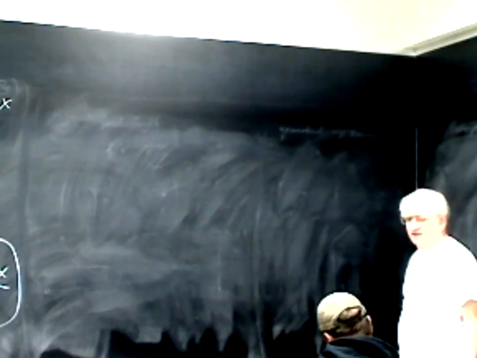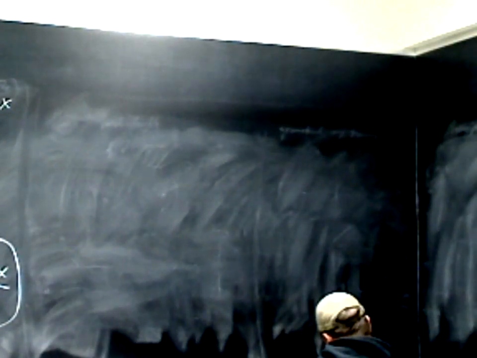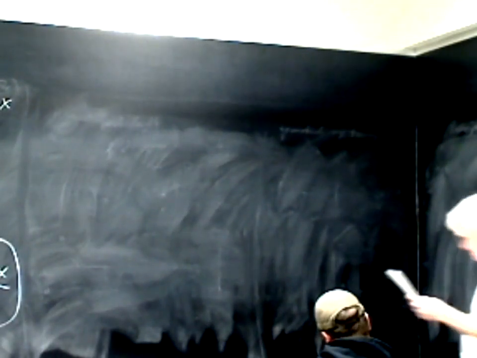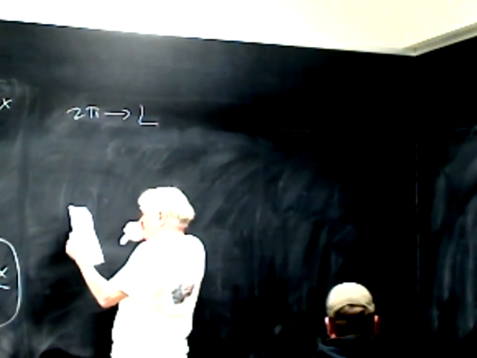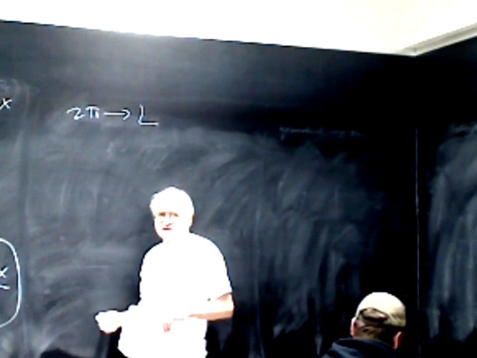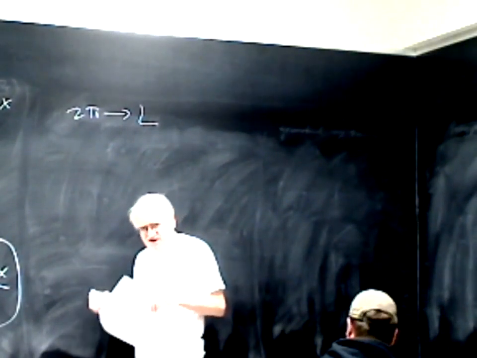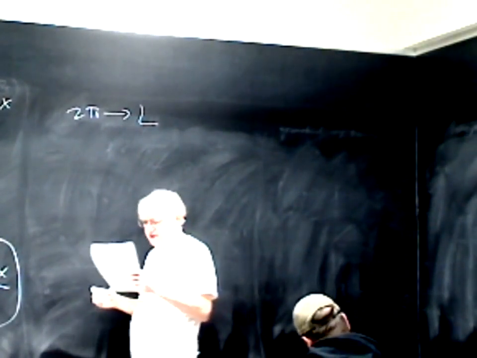Okay. Here's a nice picture. All right, so stretched intervals. We go from 2 pi to L. I'm going back to the complex exponentials because those are the easy ones to use.